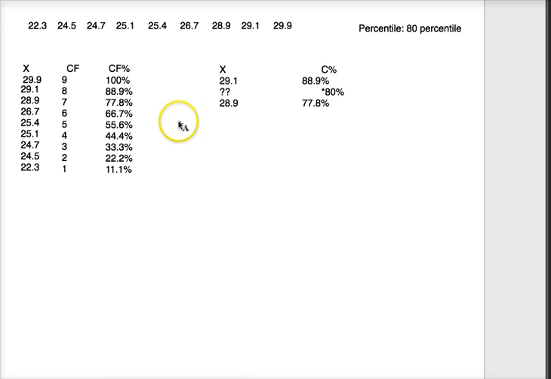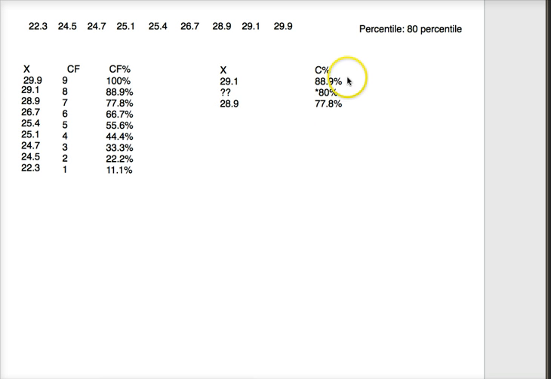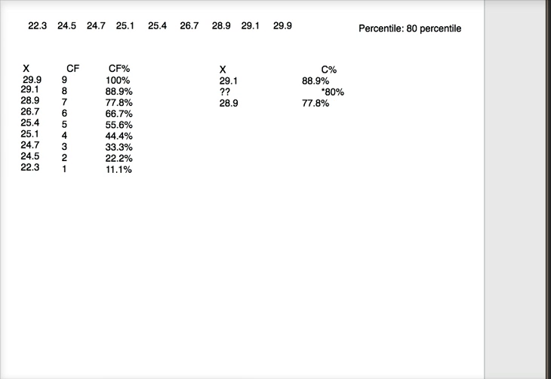Okay, so the next step that we're going to do: we need to find the distance from here to here. To do this, all we're going to do is subtract 77.8 from 88.9.